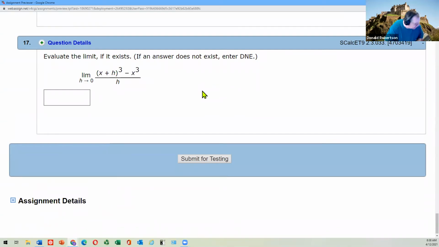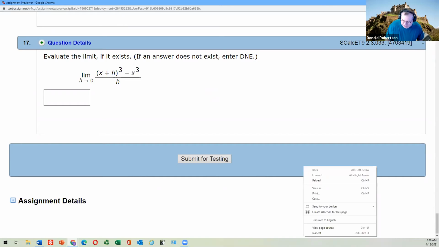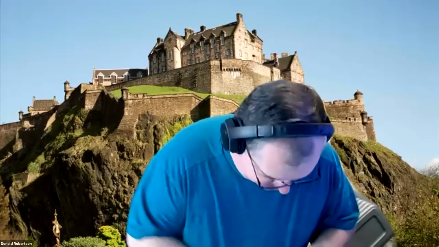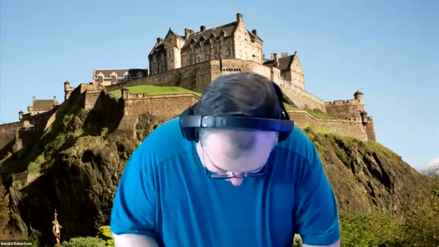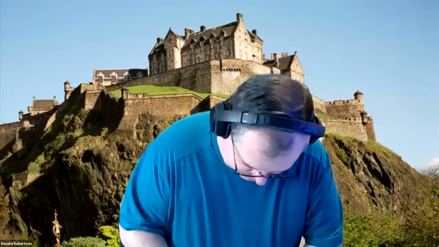So we are now going to move to a very small section. It has 3 questions in it. And it's a pain in the butt. I'll just tell you right off the bat.